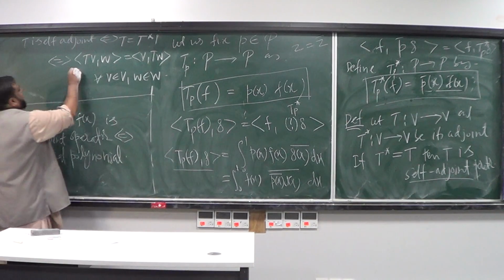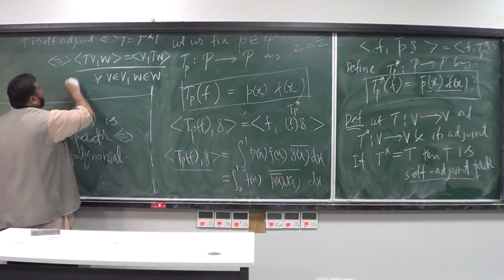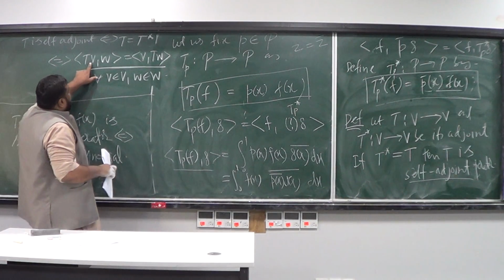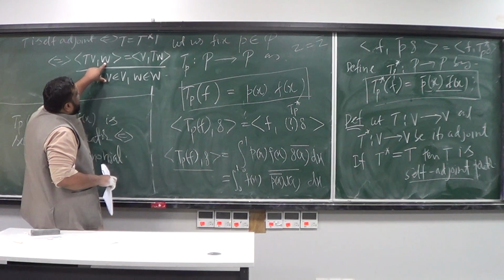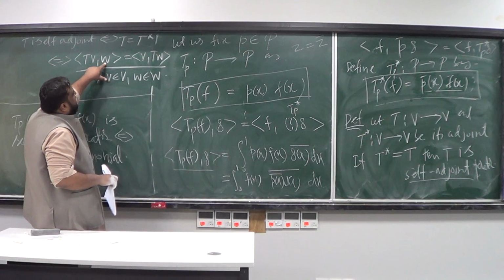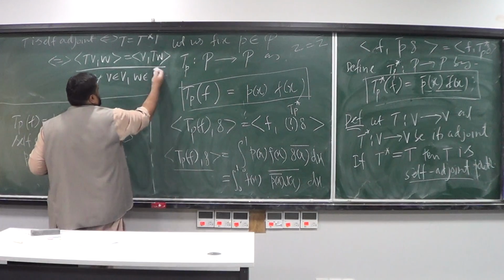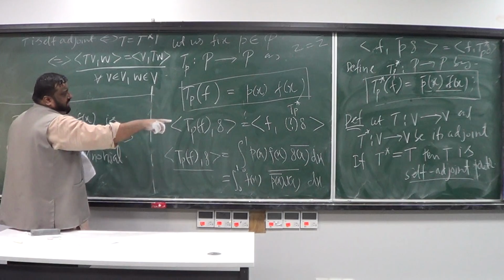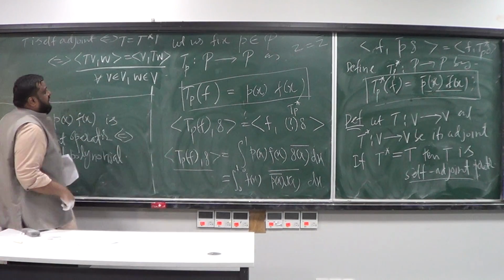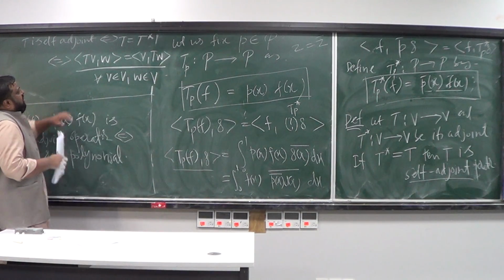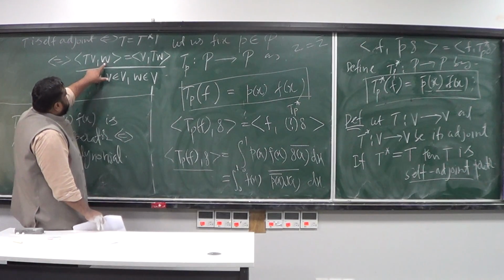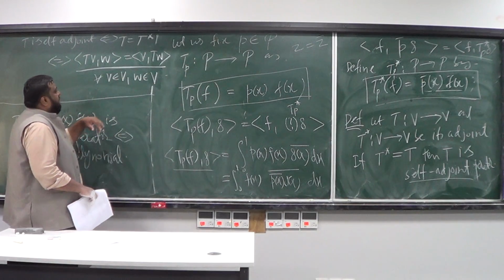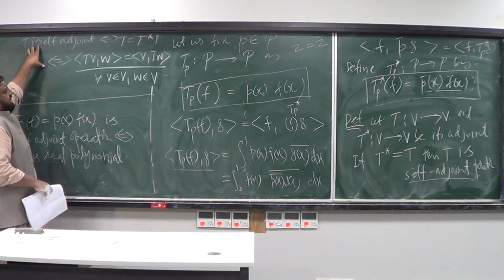So this is another criterion for an operator to be self-adjoint: compute the inner product of TV and W. By the way, this W is not going to be W but V now, because the transformation is from V to V. So if the inner product of TVW is equal to VTW for all V and W in V, your operator is a self-adjoint operator.